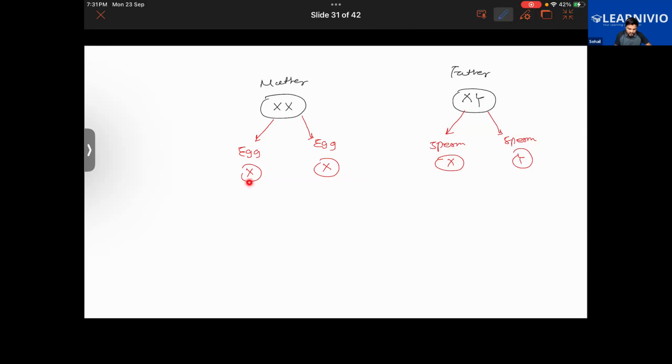If the egg that has been released by the ovary contains an X chromosome, it doesn't make any difference which egg is released, since both will contain the same chromosome. Let me tell you why.